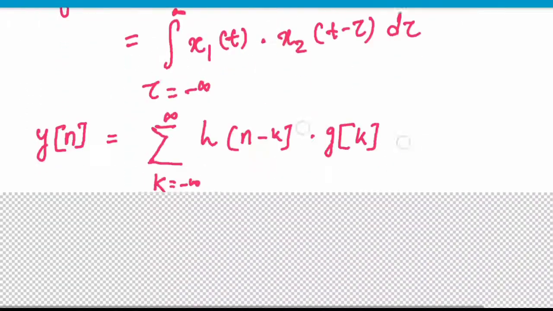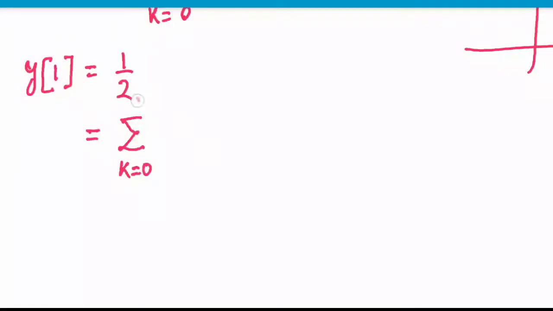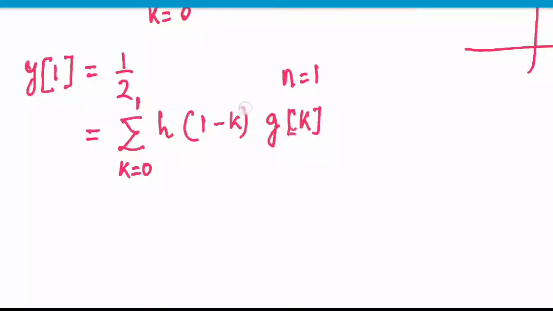Y of 1 can be written as the summation of k from 0 to 1, because n is equal to 1, so h of 1 minus k into g of k.